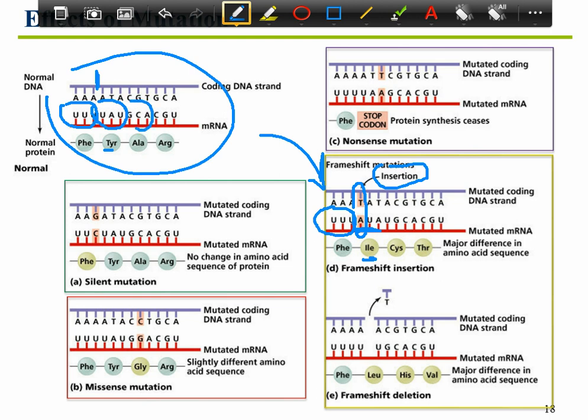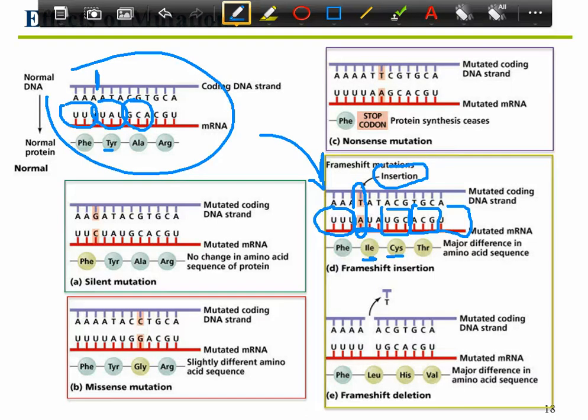The next codon would have been GCA, but it's now UGU, which codes for cysteine. So every single codon down the line is now going to be changed. We have shifted the frame of the codons by one base to the right.